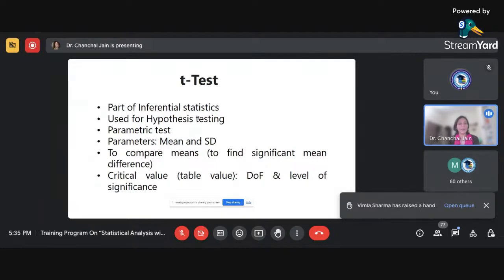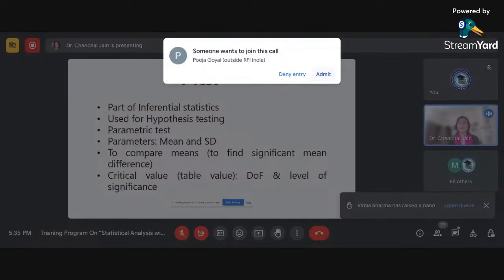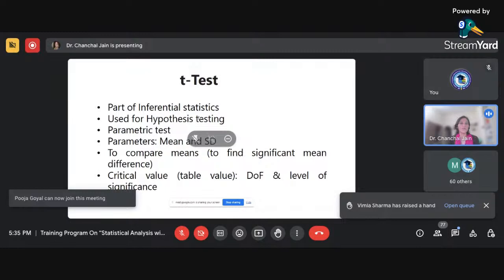I explained that descriptive statistics helps us summarize our data: which type of data we have, what variables we have, and what their averages are. Also, we want to understand the spread in the data and check the distribution of the data. All that we can do using descriptive statistics.